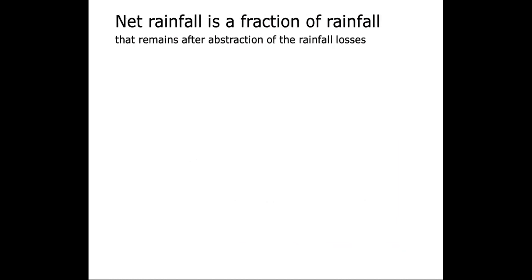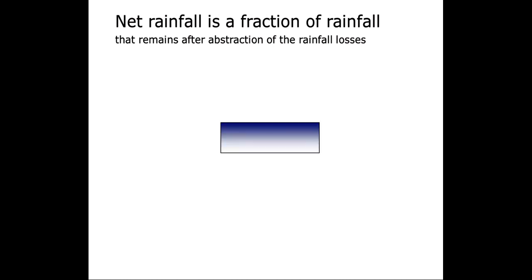Now, what we are actually looking for is not the actual rainfall, which is measured, but the net rainfall. And this net rainfall is the amount that remains after the losses.